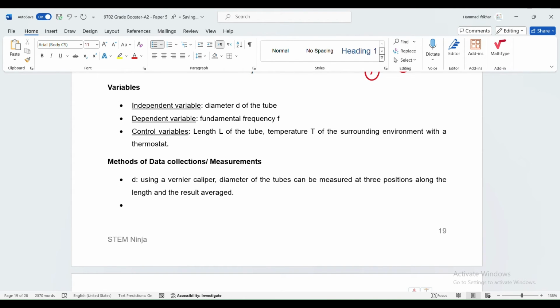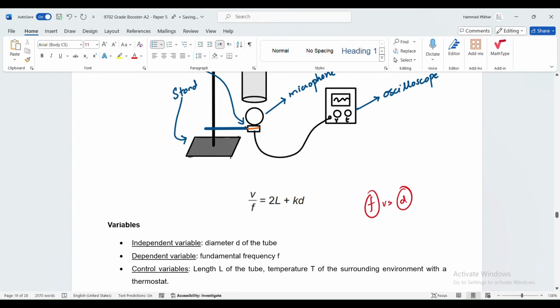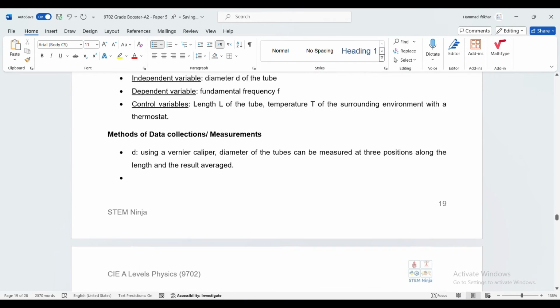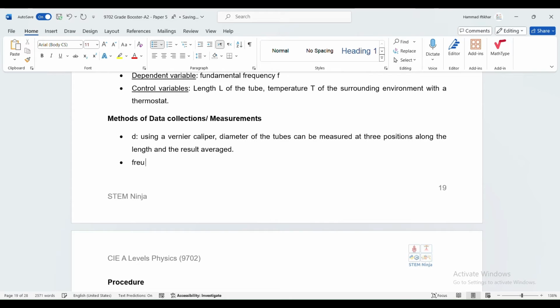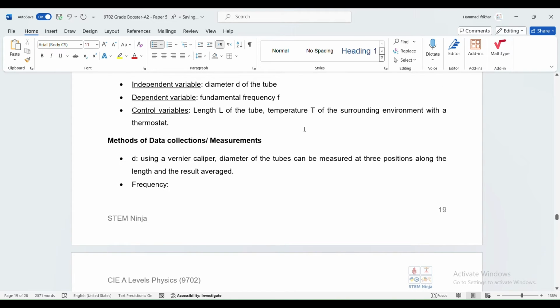What else can we do? We have the frequency. Frequency, basically we're monitoring from the oscilloscope. Although we are setting or adjusting it with the signal generator, we are monitoring this from the oscilloscope.